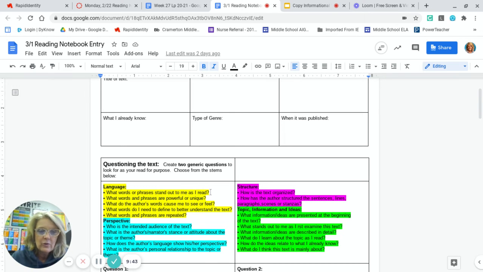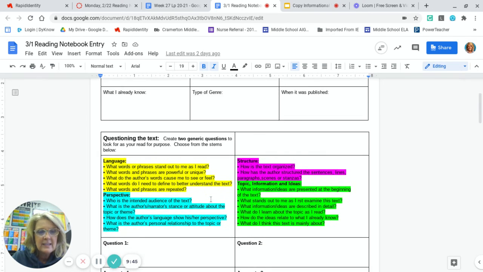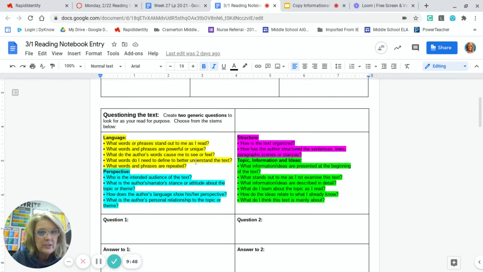Now, questioning the text, these are the questions that we choose from before we read the passage. So I want you to just look at these and choose 2 of them. And type the question straight from here, like what words or phrases stand out to me as I read, and maybe who's the intended audience of the text.